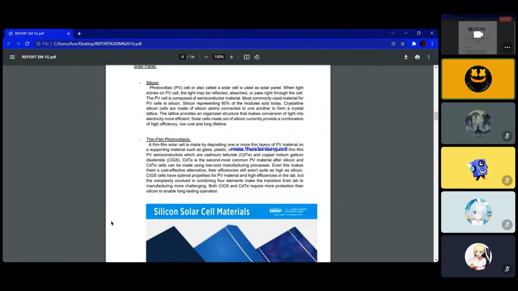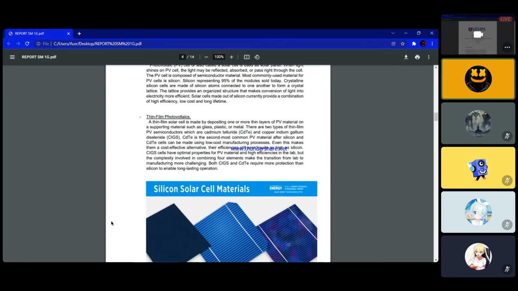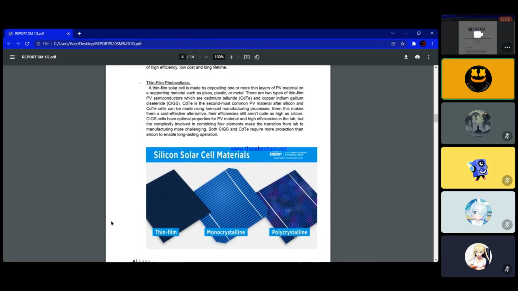For thin film photovoltaics, a thin film solar cell is made by depositing one or more thin layers of PV material on a supporting material such as glass, plastic, or metal. There are two types of thin film PV semiconductor, which are cadmium telluride (CdTe) and copper indium gallium diselenide (CIGS).